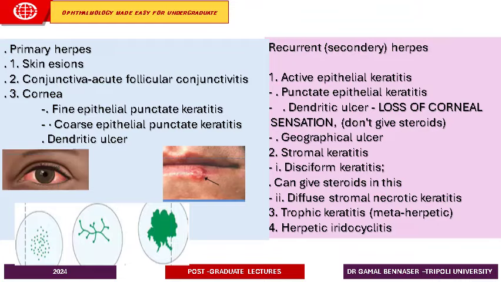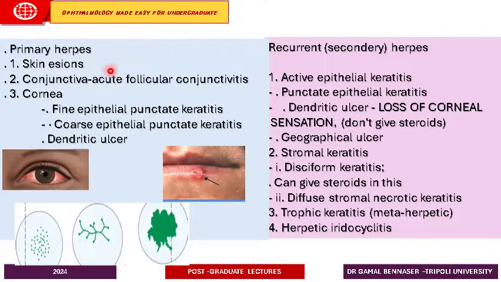Now, the herpetic eye disease, the manifestation of herpes infection in the eye, can be in the form of primary herpes or secondary herpes, the reactivation. The primary herpes represents the first exposure, commonly in young children, usually manifesting as ocular infections or even skin infections.